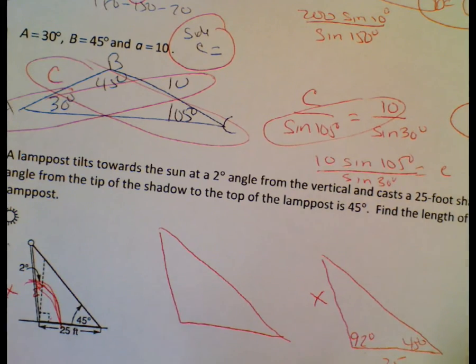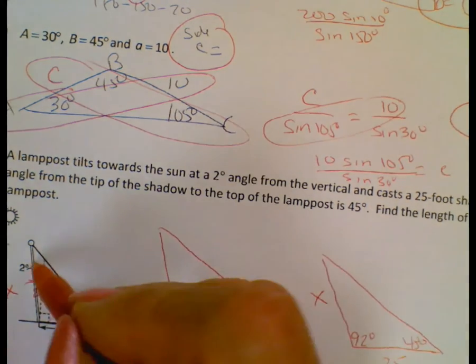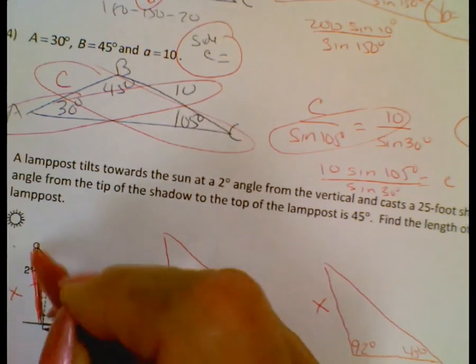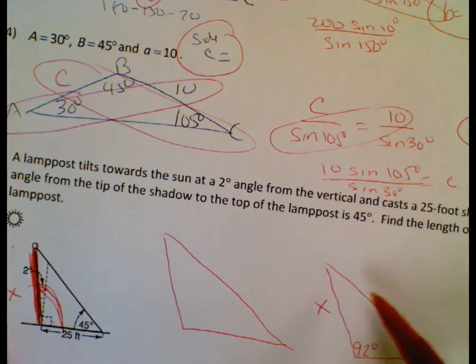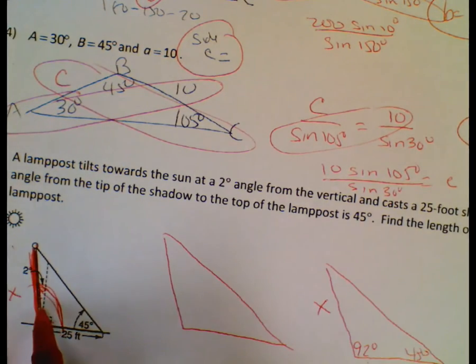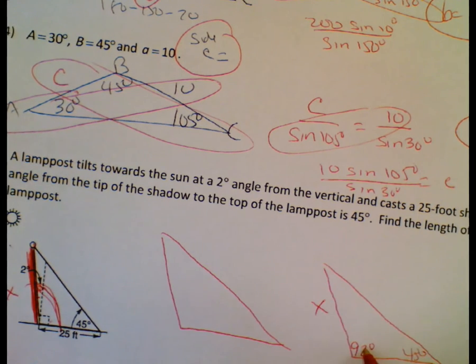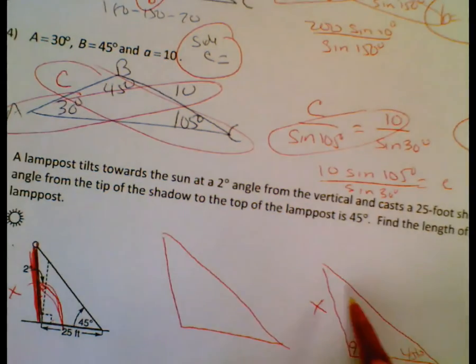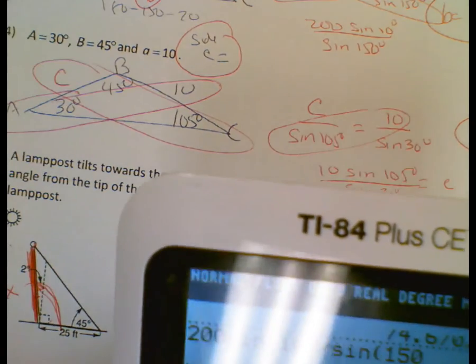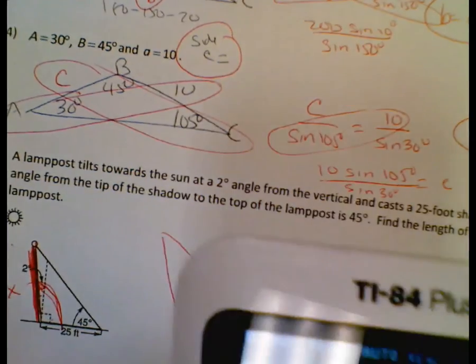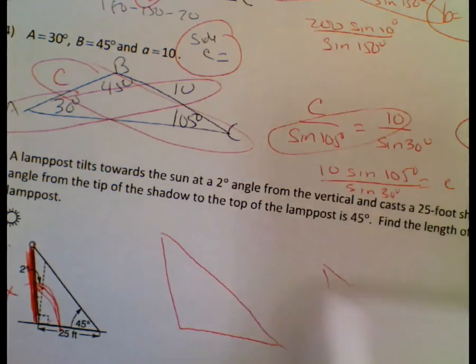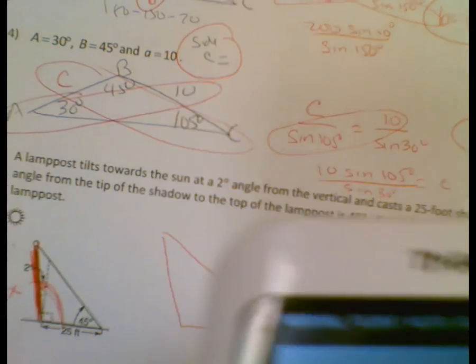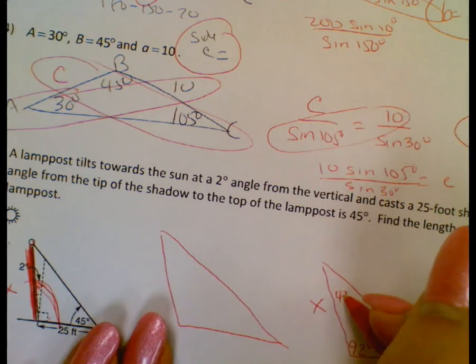So you're not doing the right triangle, you're doing the whole triangle, because they want to know this lamppost right here. That's not part of the right triangle. So we want this angle. So that was 2 degrees, this is 90, that's 92. They gave you this 45 and this is 25. Find the third angle up here. And that third angle is 43 degrees up here.